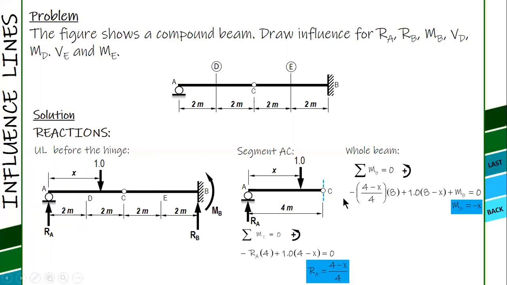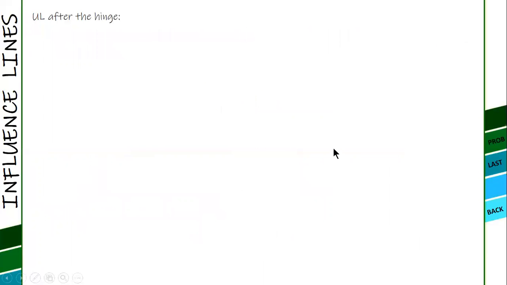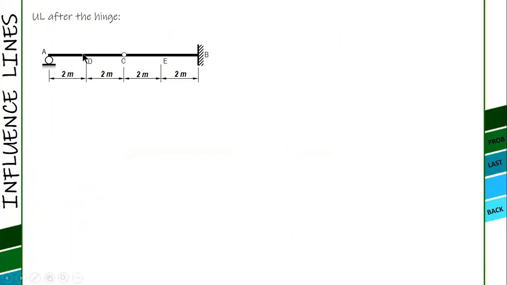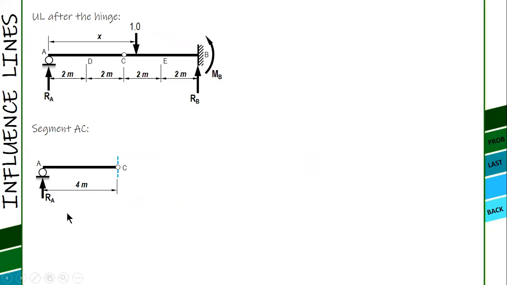And then, summation of force sa Y, makuha mo ang RB. After the hinge, so RA, RB, and MB, ang load na adere, after sa hinge, distance X, same yung decision niya, cut ka sa C, isolate segment EC. Wala na kay load makita, no? Kaya, naram siya din sa gawas, after sa C. No?